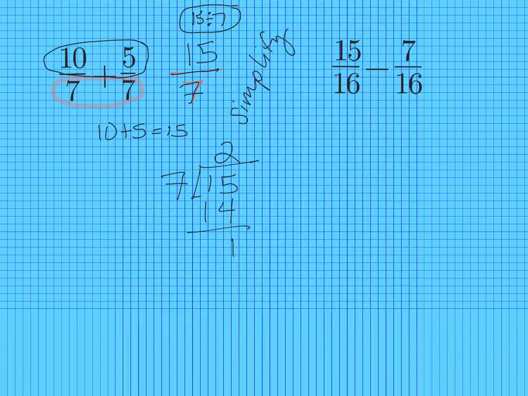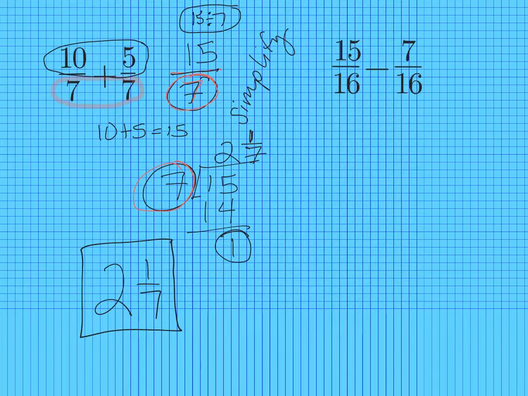And when I subtract, I have 1 left over. So remember, this remainder becomes the numerator. That's the 1. And the denominator is the original denominator. I can't change it, right? It's still that 7. I'm going to circle it in red. It's still that 7. That doesn't change. So I have 1/7 left over. So my final answer is 2 and 1/7 for that problem.